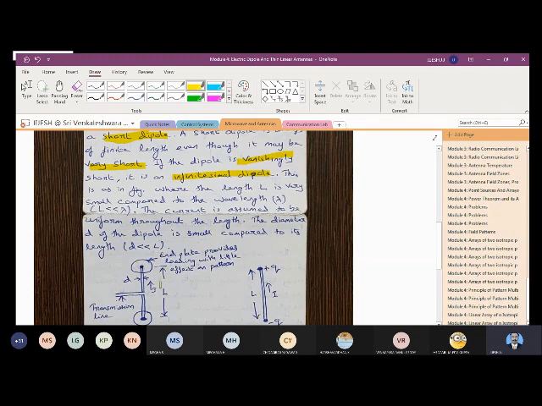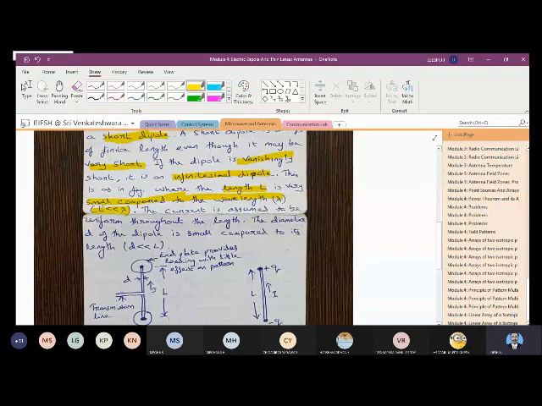When the dipole is vanishingly short, meaning the length is too low, then you can call it an infinitesimal dipole. This is where the length L is very small compared to the wavelength. We'll be comparing it with the wavelength lambda. So this condition is very important, that is, L is less than lambda.